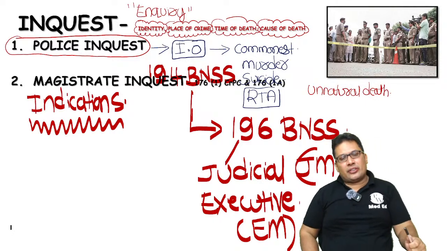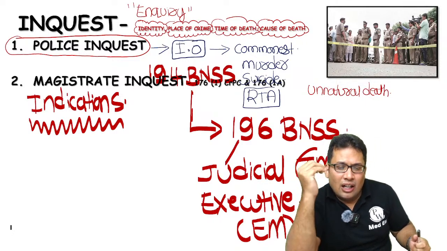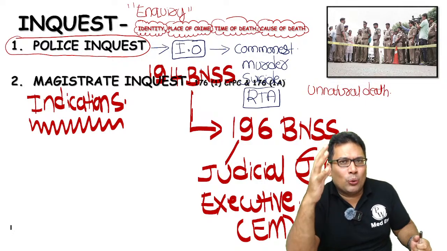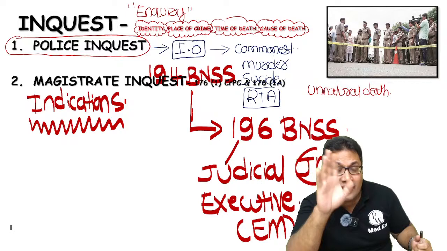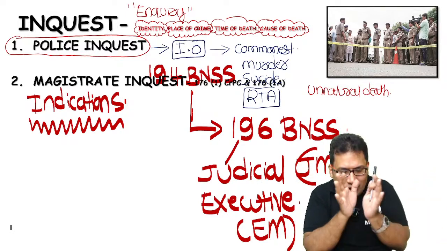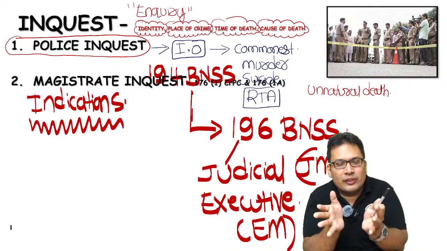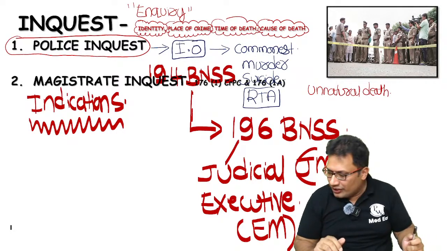What are the indications? These are cases where the executive magistrate, a Tahsildar, or the judicial magistrate are going to handle and investigate the case. So they are the investigating officer. Anyway, the police are working under them only. So the leading officer is basically the magistrate.